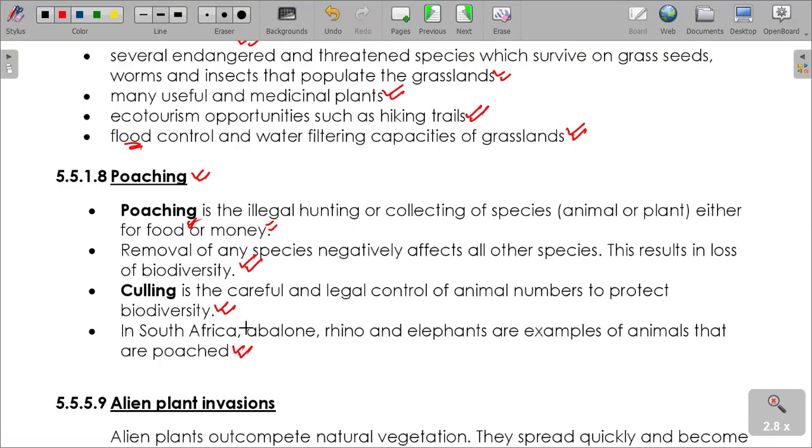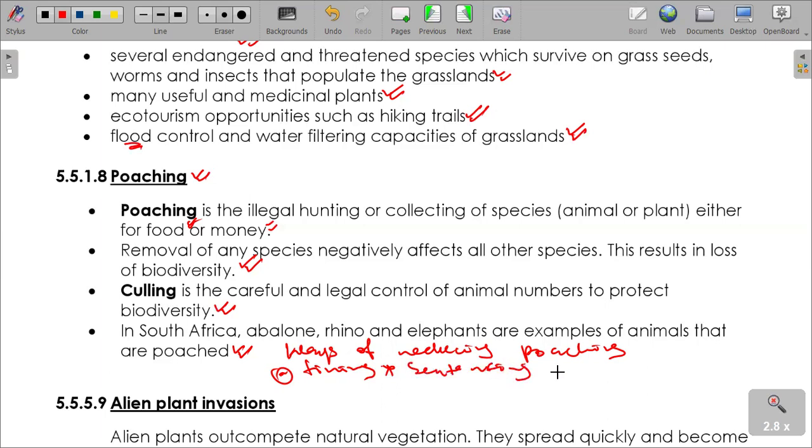In this context, I just want us to understand what can be done to reduce poaching, ways of reducing poaching. We can talk about government intervention by fining and sentencing perpetrators.